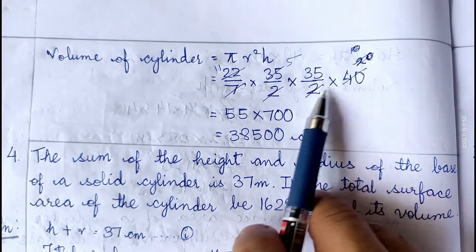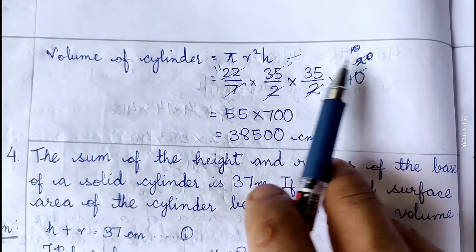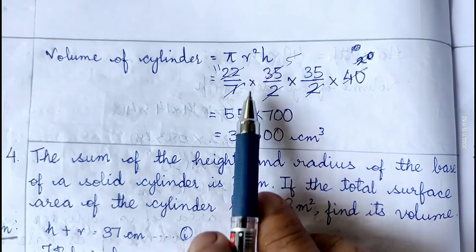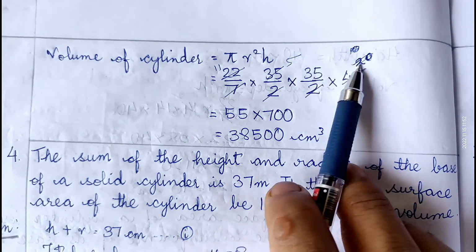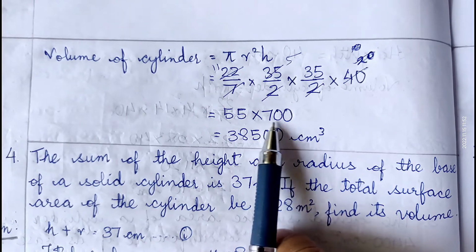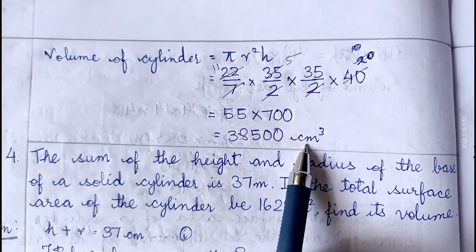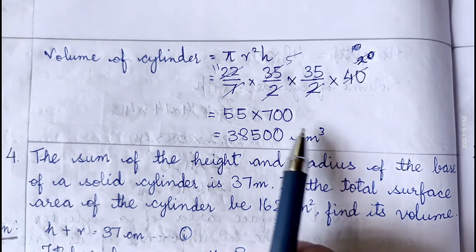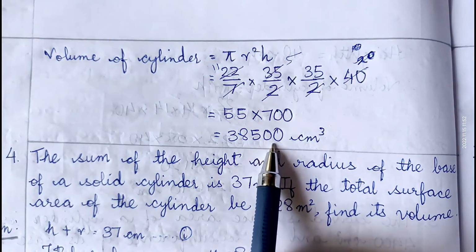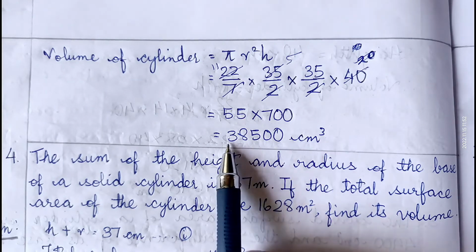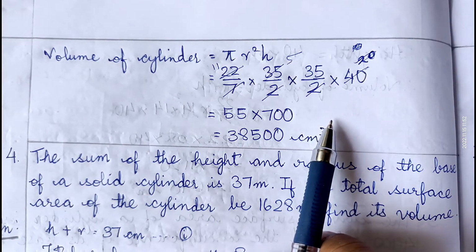And 2 and 40 if I cancel, it will become 20. Now 5 into 11, it will give 55. 35 into 20, it will be 700. 700 into 55, it will give 38500 centimeter cube. Therefore, required volume of the cylinder is 38500 centimeter cube and height of the cylinder is 40 centimeter.